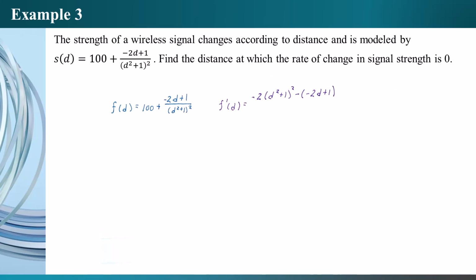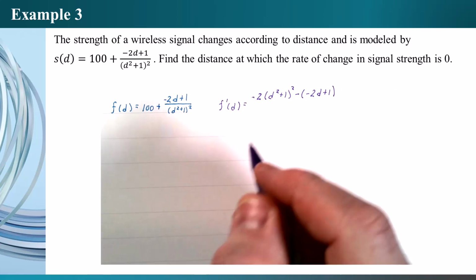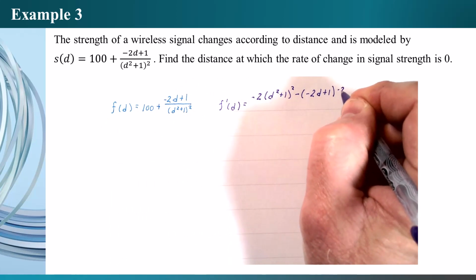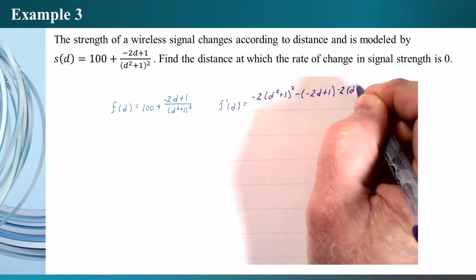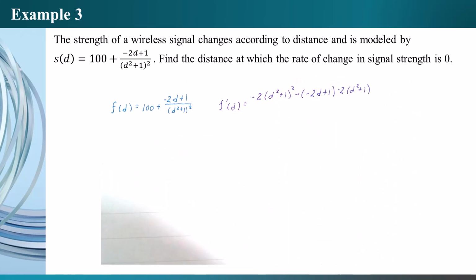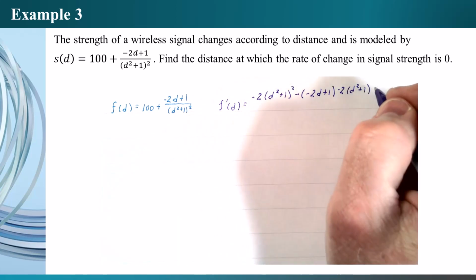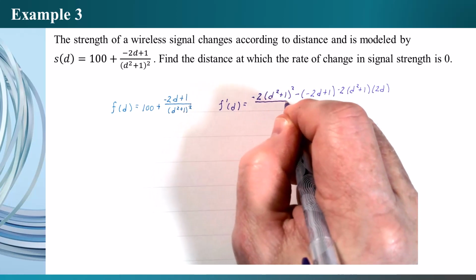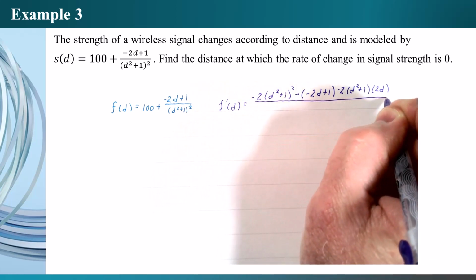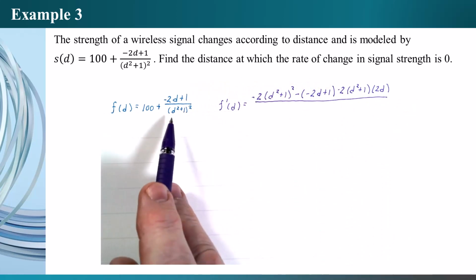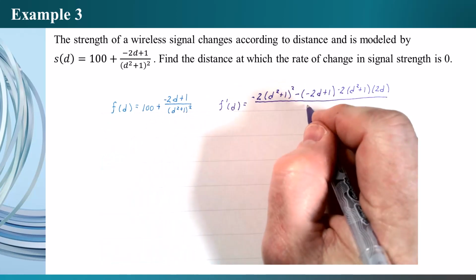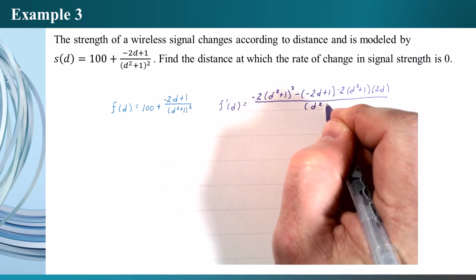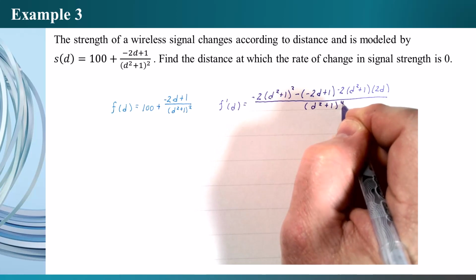But note that we will have to use the chain rule here. So we get the derivative of the outside function, which is 2 times (d squared plus 1) raised to the first, and then we multiply by the derivative of the inside, which is 2d. And all of this goes over the denominator squared. Now note that the denominator is already squared, so when we square that again, we're going to get (d squared plus 1) raised to the 4th power.